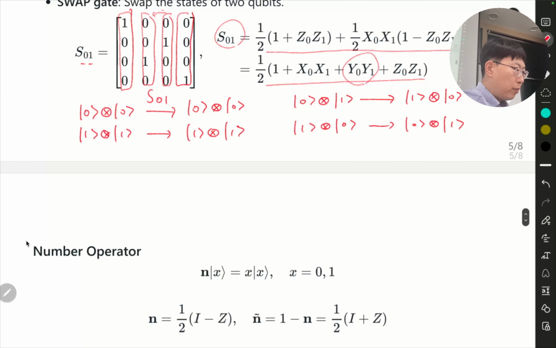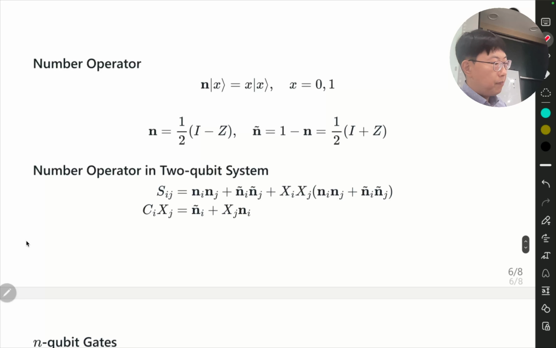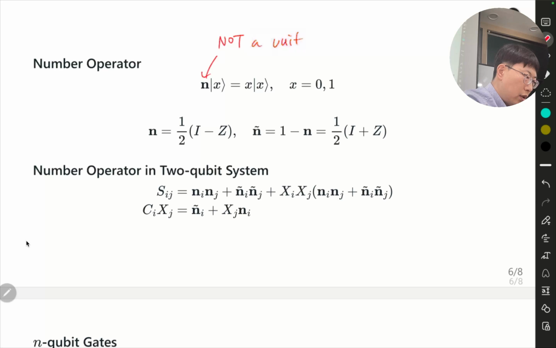Let's look at the number operator. This is not a real gate because it is not unitary, which means that you cannot implement this number operator in any quantum computer.